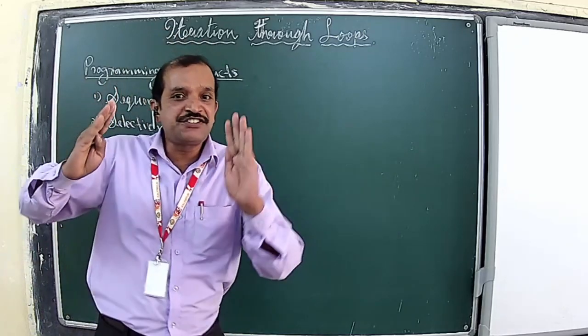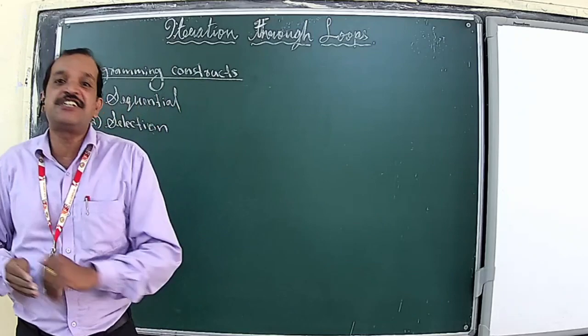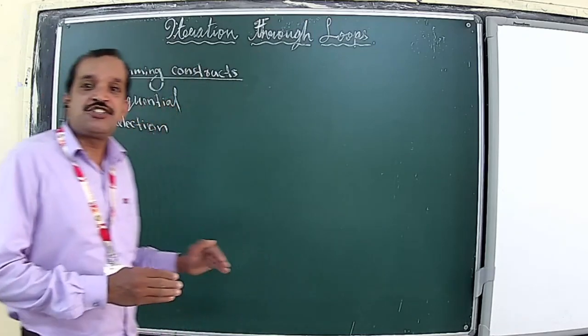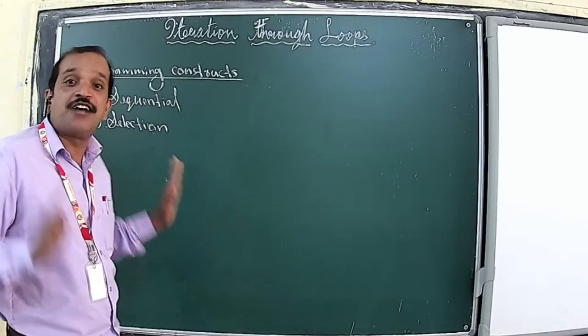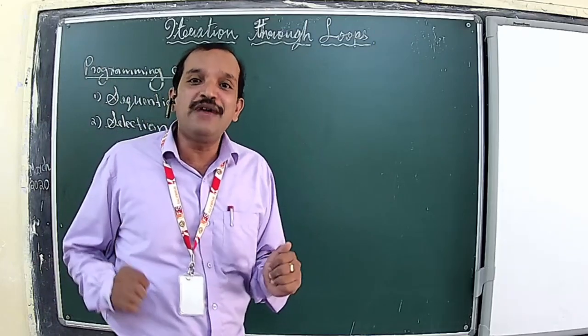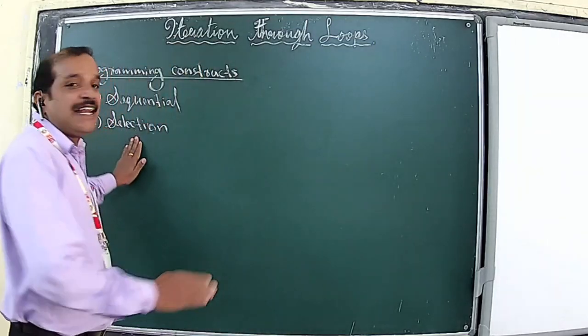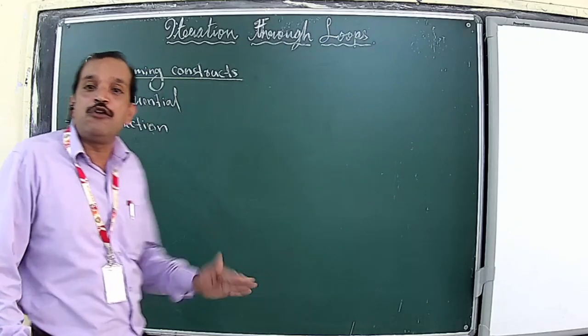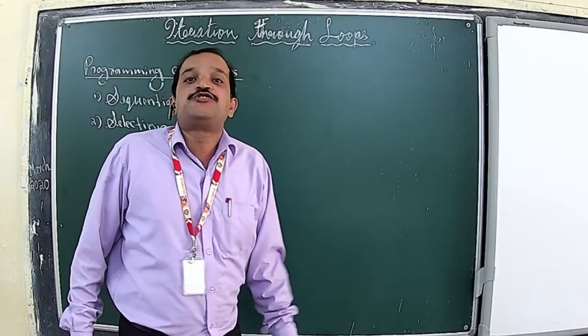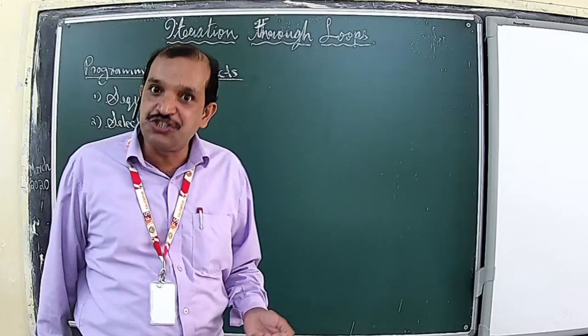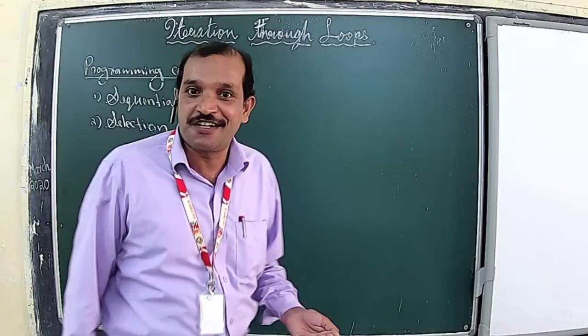So we will be executing certain statements or skipping certain other statements, based on the result of a logical expression. As you know, a logical expression always results in true or false. So it is about the selective way of execution that we have learned in the previous chapter, using if, else if, and the switch statement. I hope you have not forgotten that.